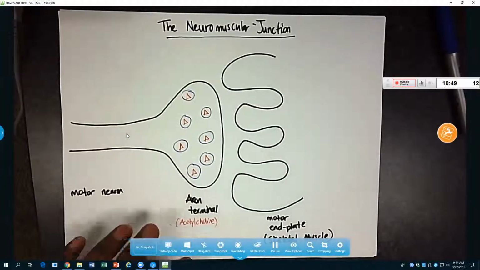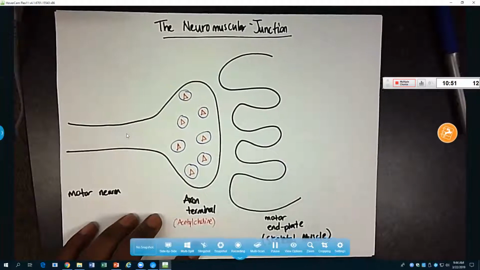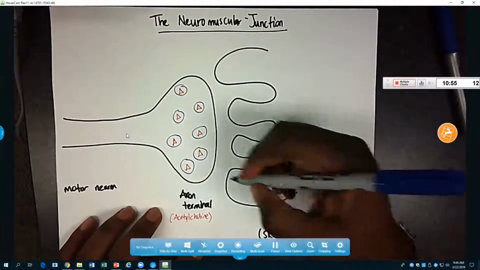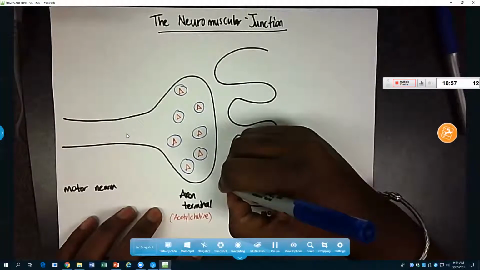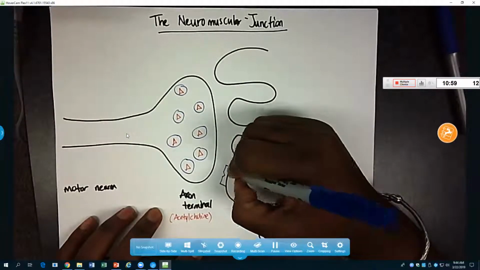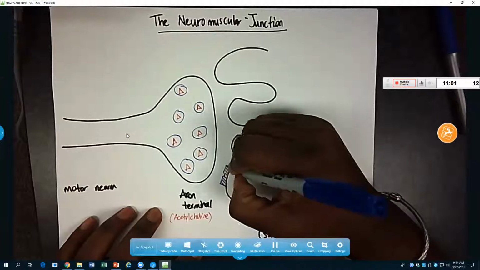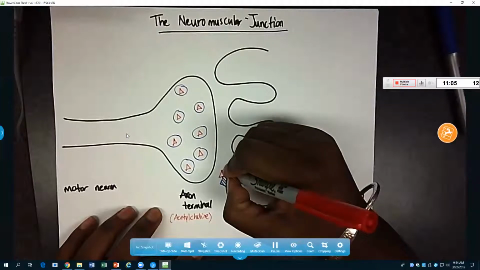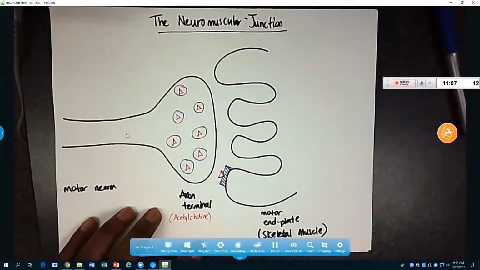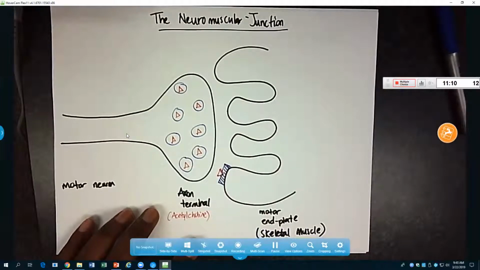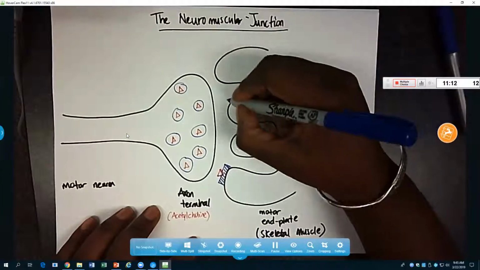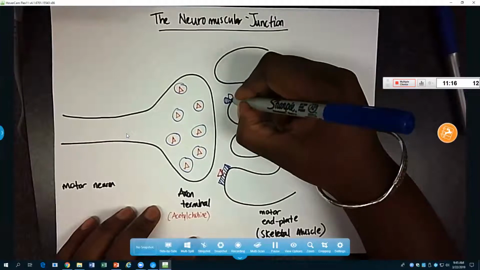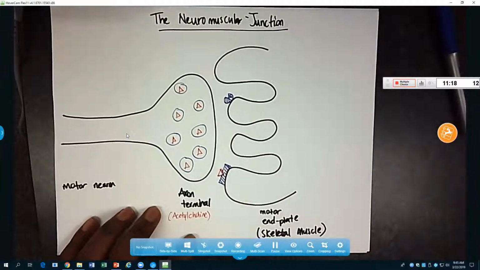On the motor end plate, we have two important structures. One is the receptor. So we have our receptor here, and that's going to bind our neurotransmitter. And then we also have another enzyme called acetylcholinesterase, and we're going to talk about its function.